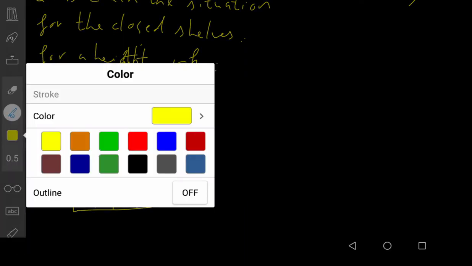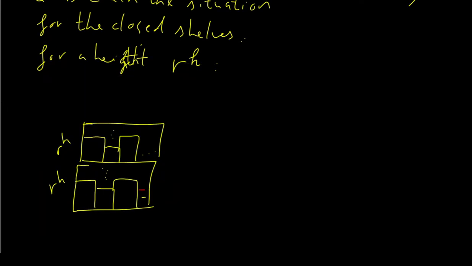But here this is smaller than this because we opened a new shelf, right? So that's why we opened this shelf, the second one, in the first place, because the next box to be put there was thicker than the space we have.